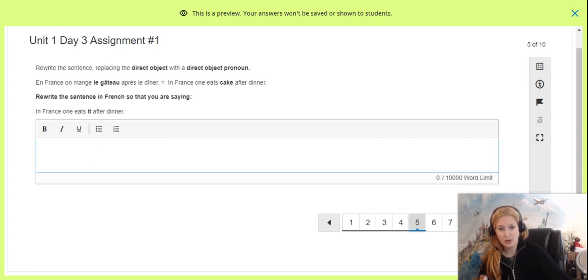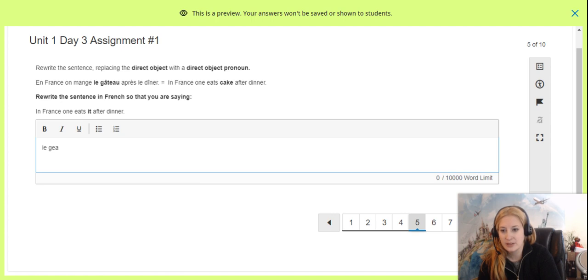Now, numéro 5, we are going to rewrite the sentence replacing the direct object with a direct object pronoun. Okay, so in France, on mange le gâteau après le dîner. In France, one eats cake after dinner. So we want to say in France, one eats it after dinner.